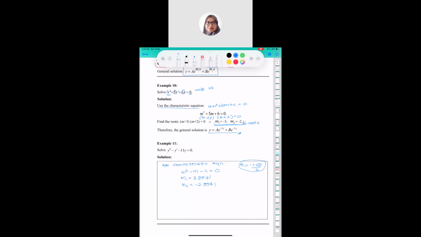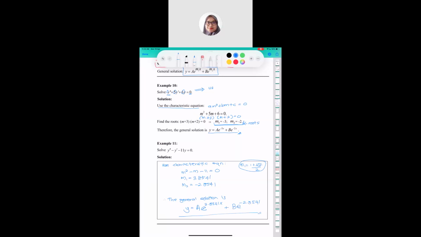Therefore, I can conclude that the general solution is y equal to A e^(3.8541x) plus B e^(-2.8541x).